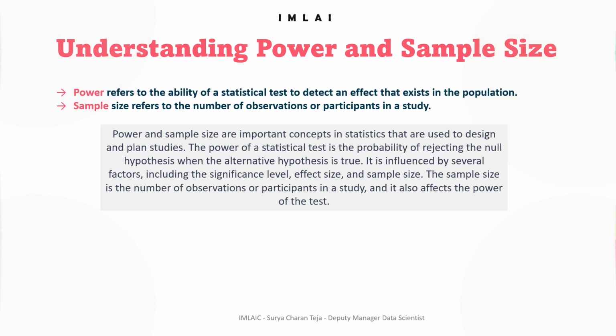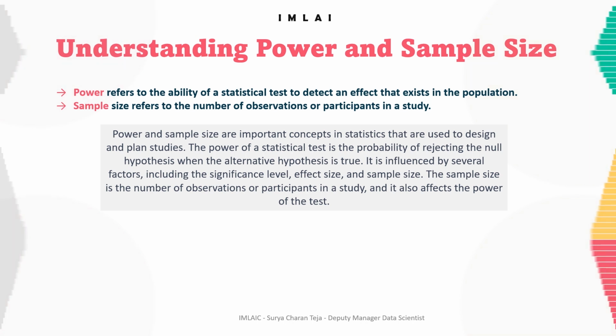Sample size determination is important in experimental research, where it is important to have enough statistical power to detect the effect of interest. For example, in a medical trial, it may be important to detect a certain level of difference between treatment groups, and the sample size can be calculated based on the desired level of power and significance level.